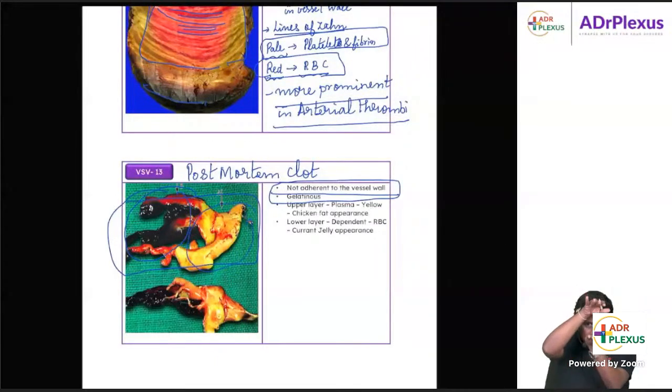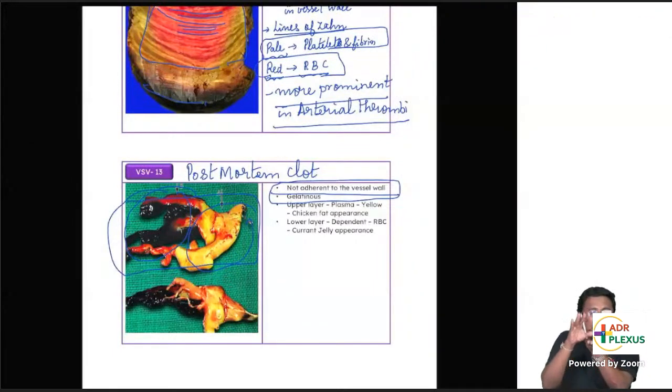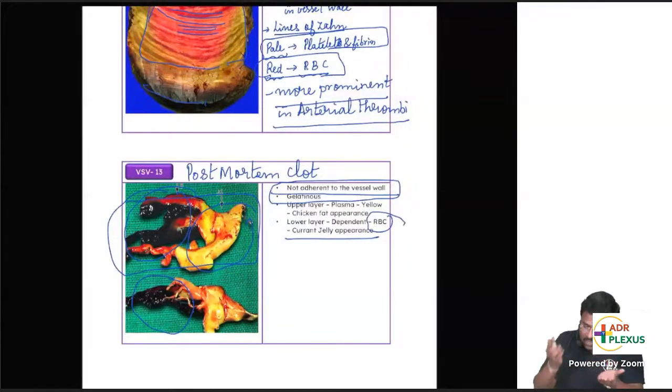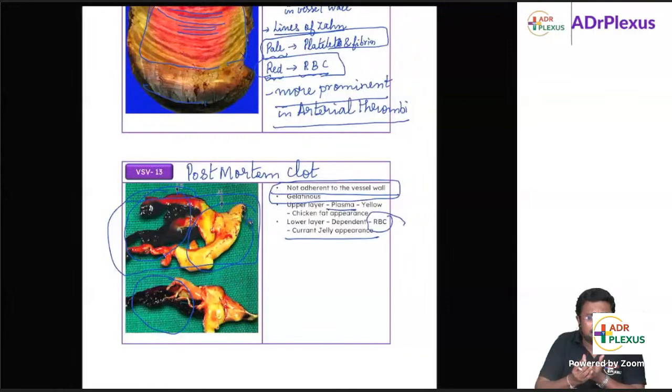The dependent part, the below part, contains a lot of RBCs, and this gives you the currant jelly appearance, because the RBCs are settling down at the bottom. Whereas the topmost part, which has the plasma, gives you that yellowish, chicken fat appearance.